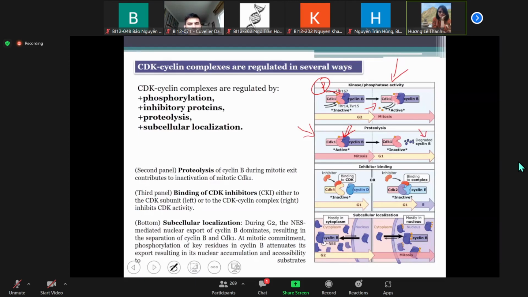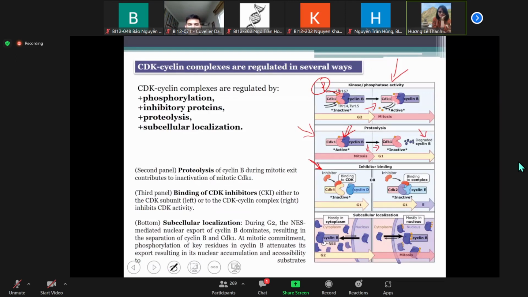No more cyclin B, and the structure becomes inactive, and now they are at the end of mitosis and move into G1. Another type of regulation is that they can produce one type of inhibitor here. The inhibitor binds to this complex, and it no longer works.